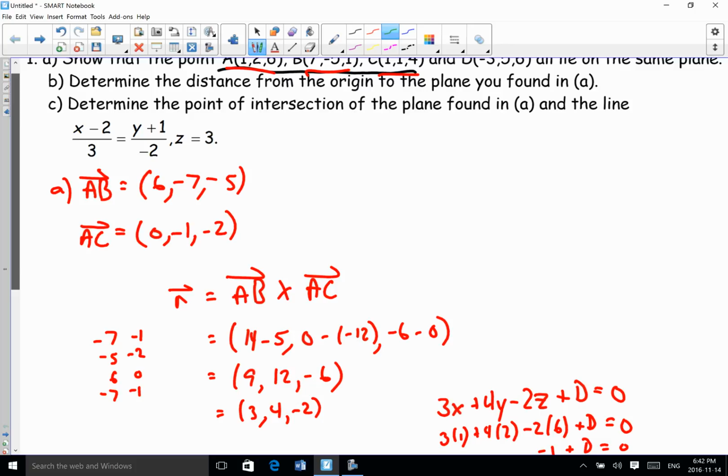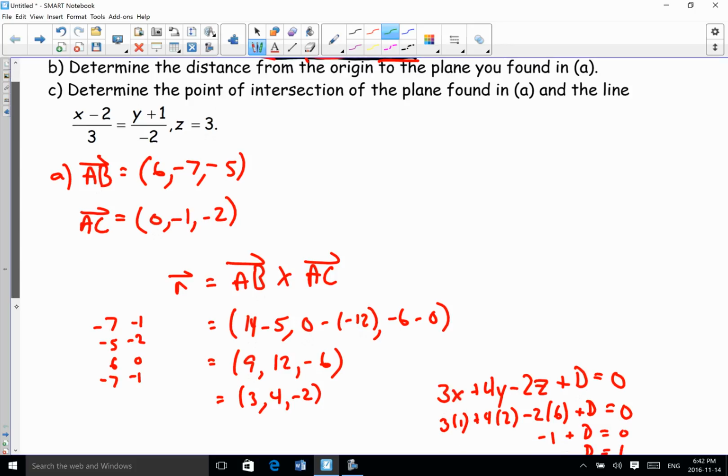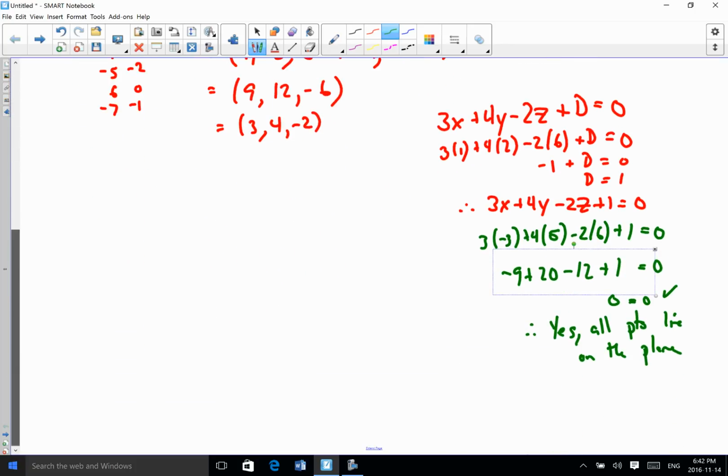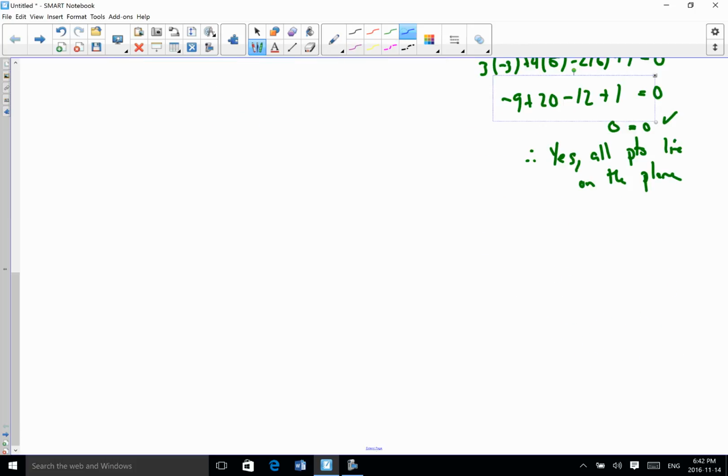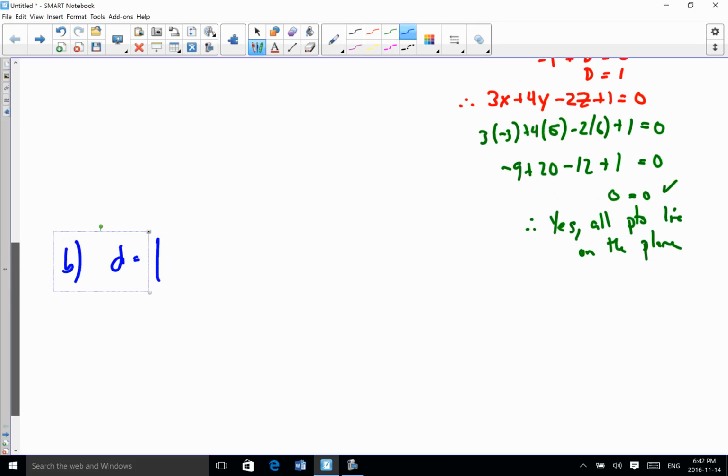Okay, for part B, determine the distance from the origin to the plane you found in A. Okay, so distance from a point to a plane. We know that the distance between a point and a plane can be found using our scalar equation, the coefficients in particular.